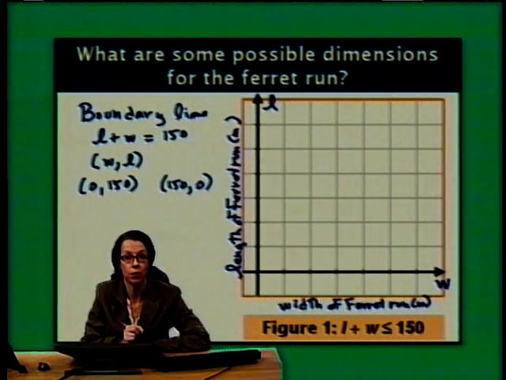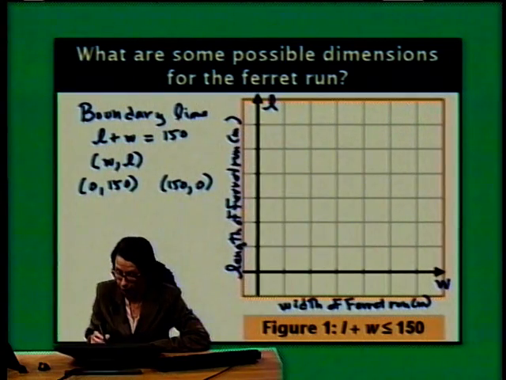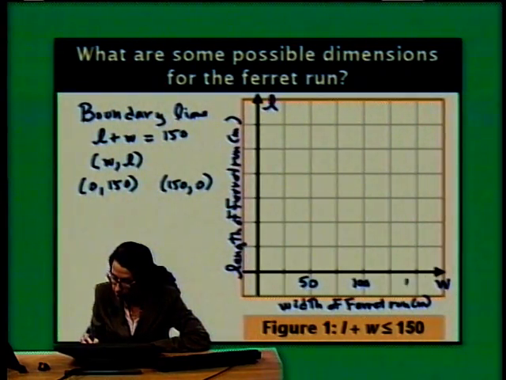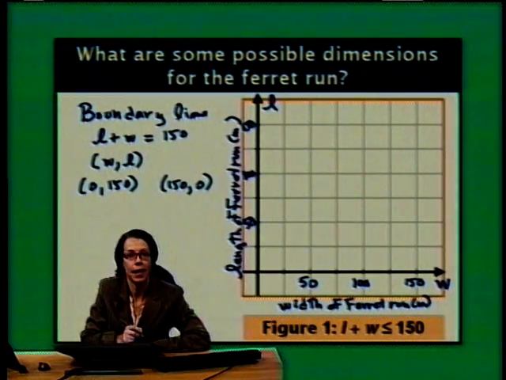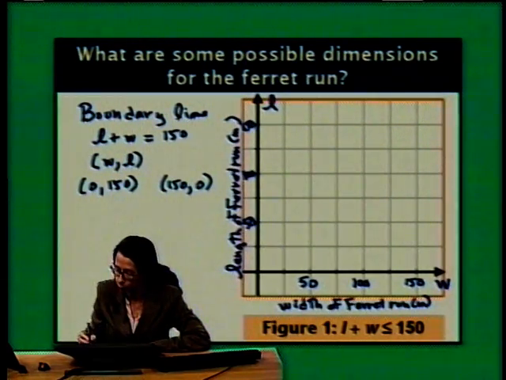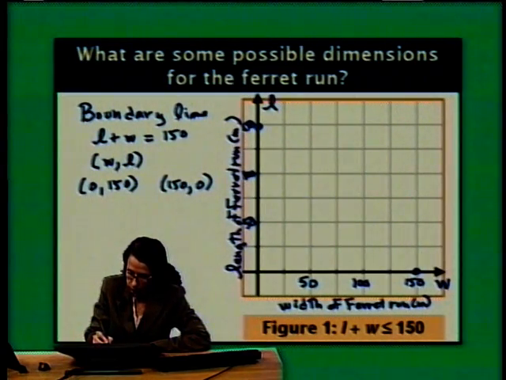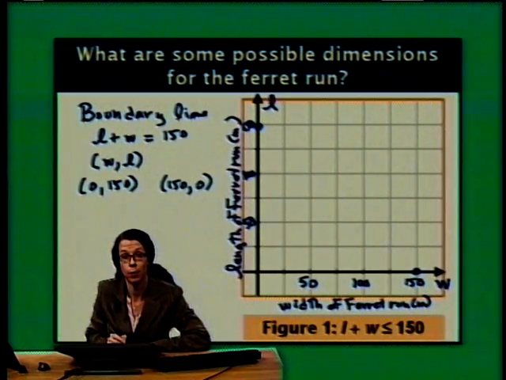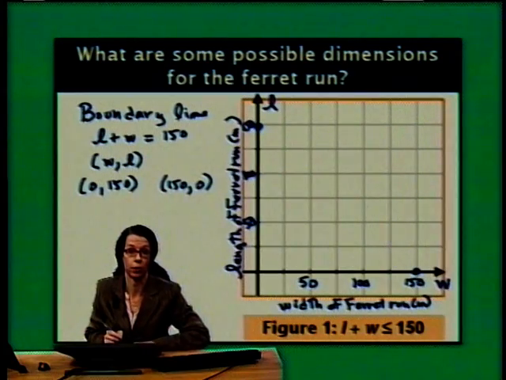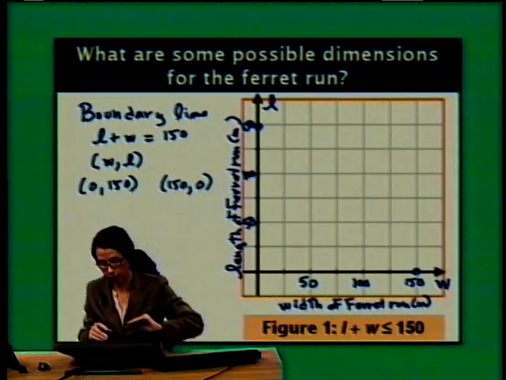I think I'm just going to use a scale of 25 on both axes, labeling every other tick mark. Now I'm good to go. So I'm going to label the 2 intercepts of my boundary line, and I'm going to connect my boundary line. In this particular inequality, I have L plus W is less than or equal to 150, so I'm going to include the boundary line.